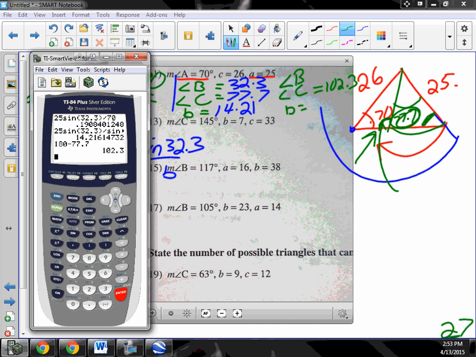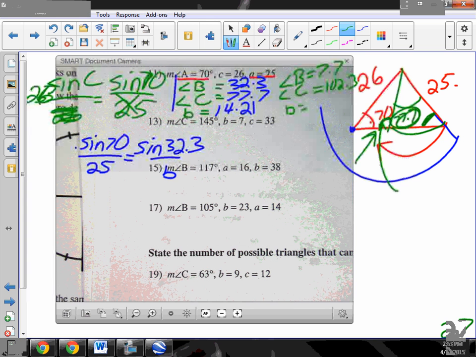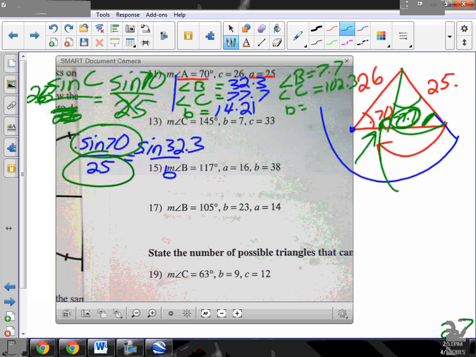So I need to do 180 minus 70 minus the answer again, 7.7. And the nice thing is, now all I have to do is recalculate little b, but I already have the formula here. I just need to change one number. This is unchanged. This is unchanged. I just need to change that to 7.7.